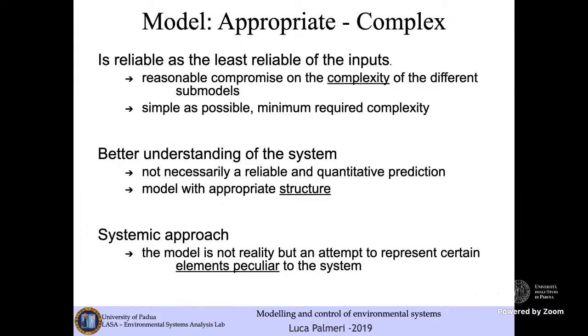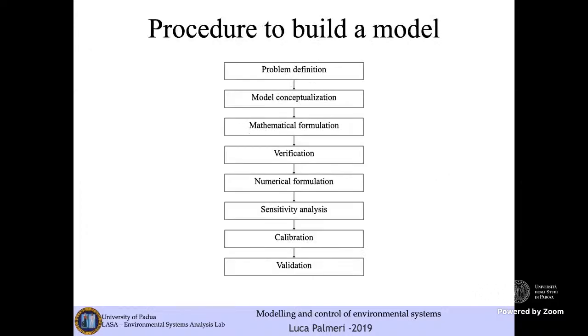So, for example, if my model is a eutrophication model, we shall include into the model, for example, nutrients and chlorophyll A concentration, but we will neglect several other aspects that may be significant for the description of the processes, but may make the description too complex according to the target that I want to describe.